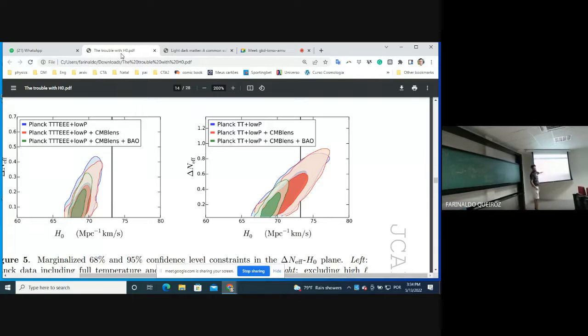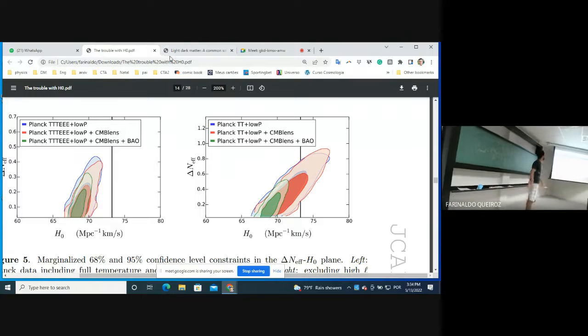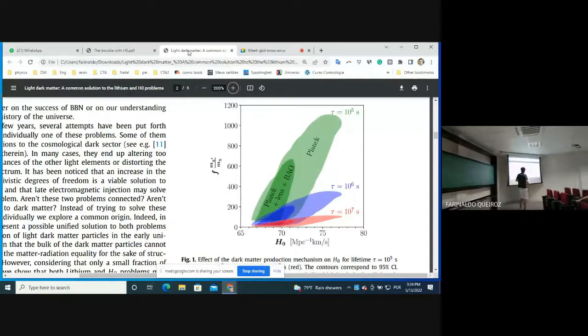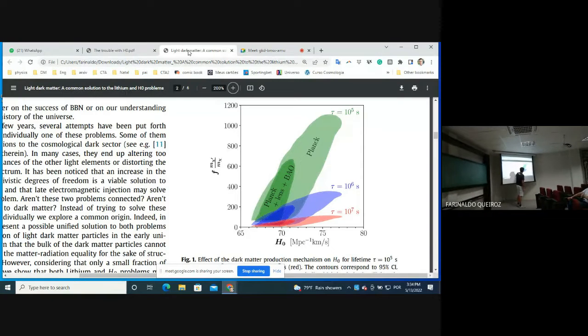That is the other paper, please. So we see here that, as we know, H0 is between 68 and 73, and this region here is the lifetime of the mother particle, right? So imagine here a mother particle with 10 raised to 5 seconds of lifetime. And we are imagining that all these particles decay at the same moment for simplicity.